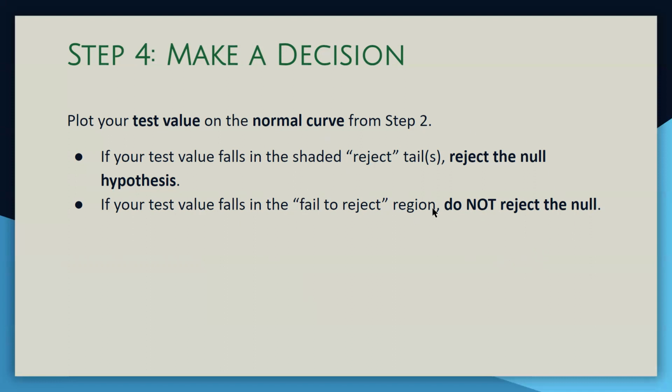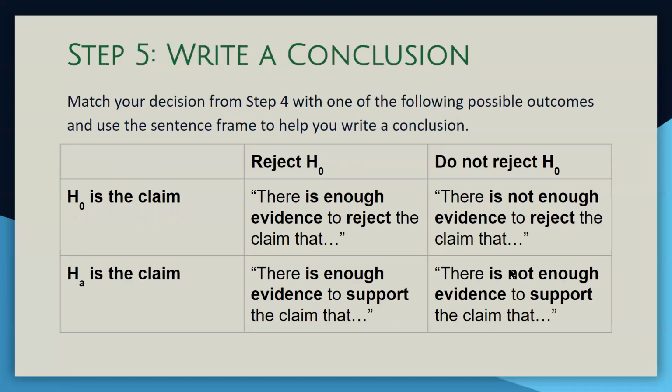Step 5 is where we're going to take that information and write a conclusion. So you match your decision from step 4 with one of the following possible outcomes and use the sentence frame to help you write a conclusion. So you'll see this first column here is for when you rejected the null hypothesis.